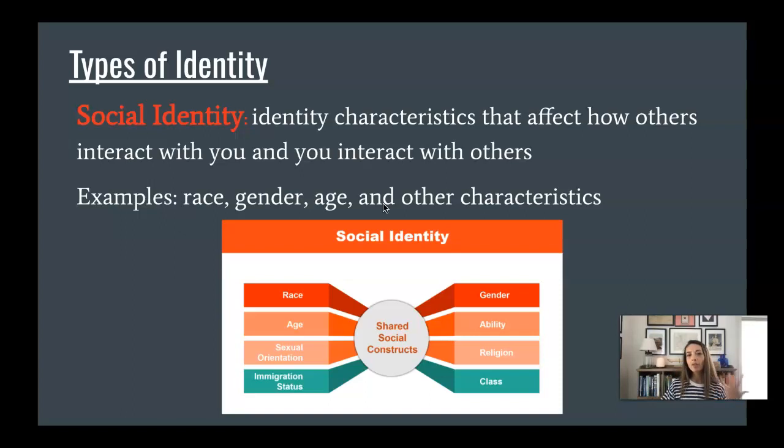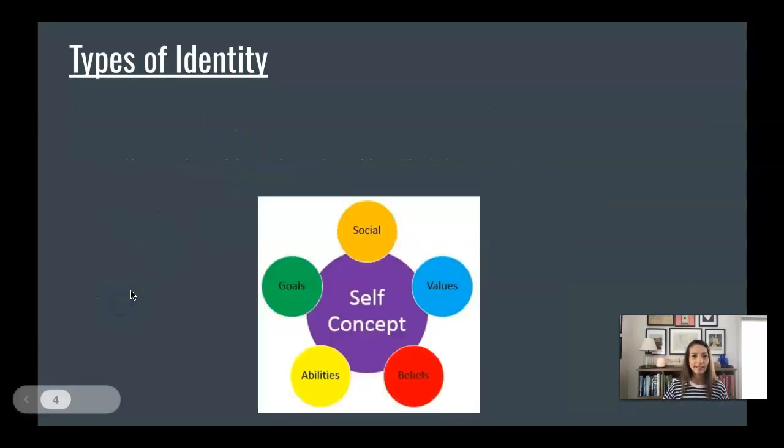Okay, so think about those examples when you are thinking of social identity. Identity characteristics that affect how you think, how you act, how you behave with others, and then how others interact with you. Okay, so that's social identity.